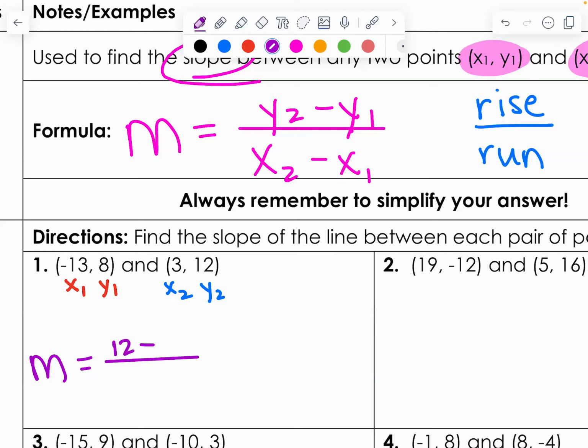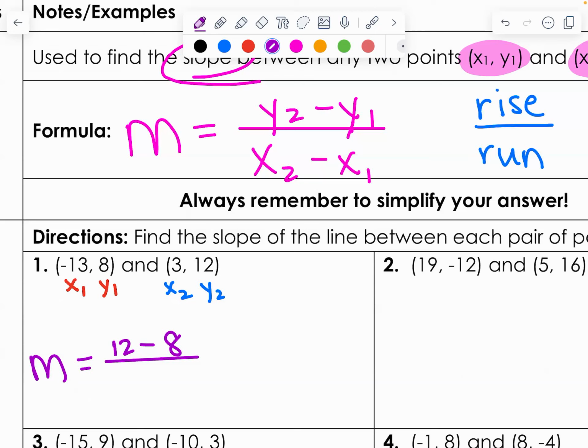Minus y1. Which number is y1? 8. So notice how we wrote down 12 minus 8. Okay, 12 minus 8. Stop. We'll get there. Keep that in your mind.